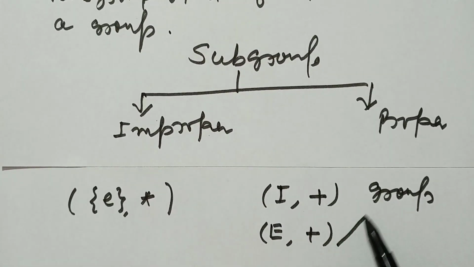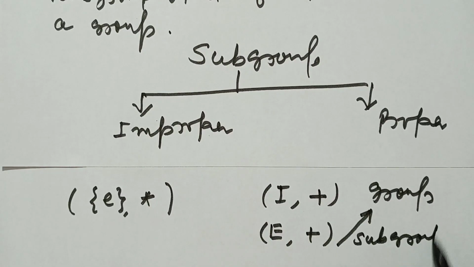So this is called a subgroup of I plus. This is called a proper subgroup. So there are two types of subgroups, one is improper and second is proper.